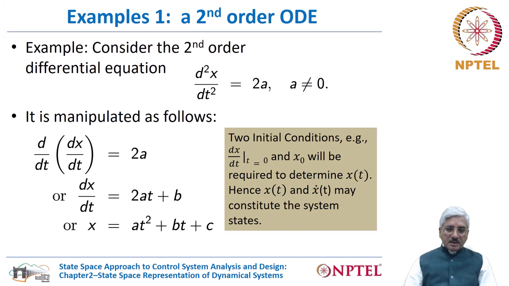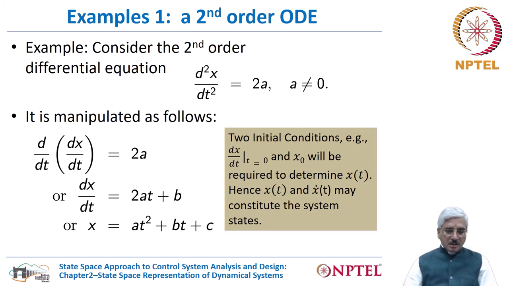The second order differential equation can be solved in these three steps, and the solution will be x equal to at square plus bt plus c. In that, a is given already. However, b and c are to be evaluated from the knowledge of initial conditions.